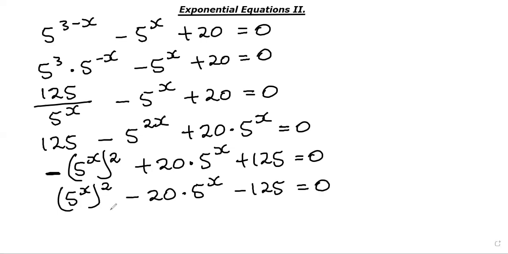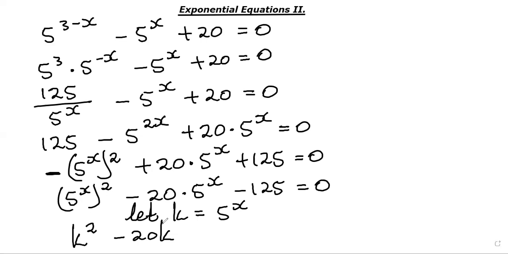And this is what you have. Then once again, we let k be 5 to the x. So in other words, this is going to be k squared minus 20k, then you say minus 125, and everything is set equal to 0.